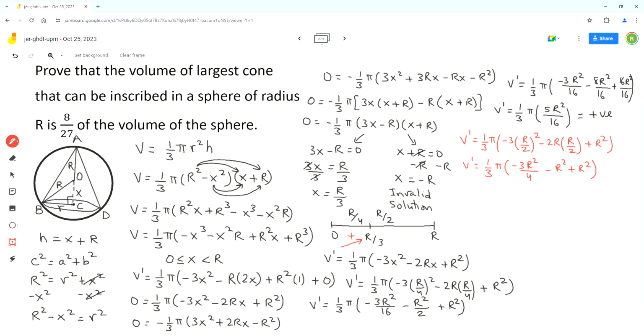Negative r square plus r square will cancel each other out. So we'll get a negative value for the first derivative. That means the function is decreasing on the right side of x equals r over 3. So that means the volume is maximum at x equals r over 3.